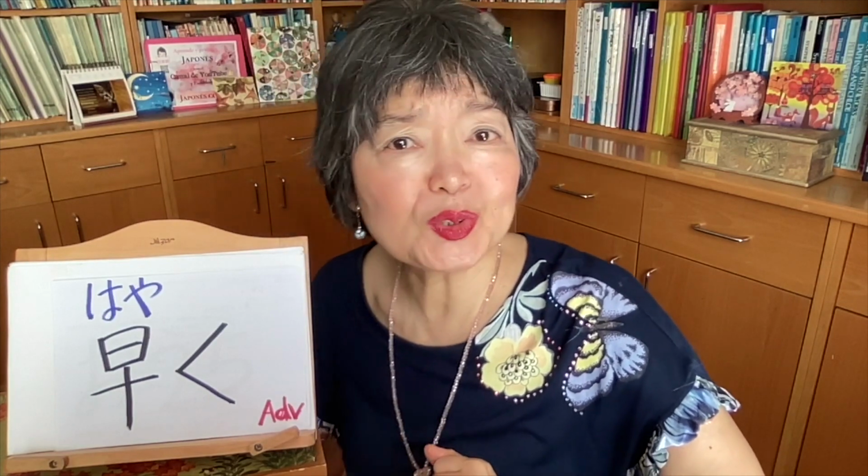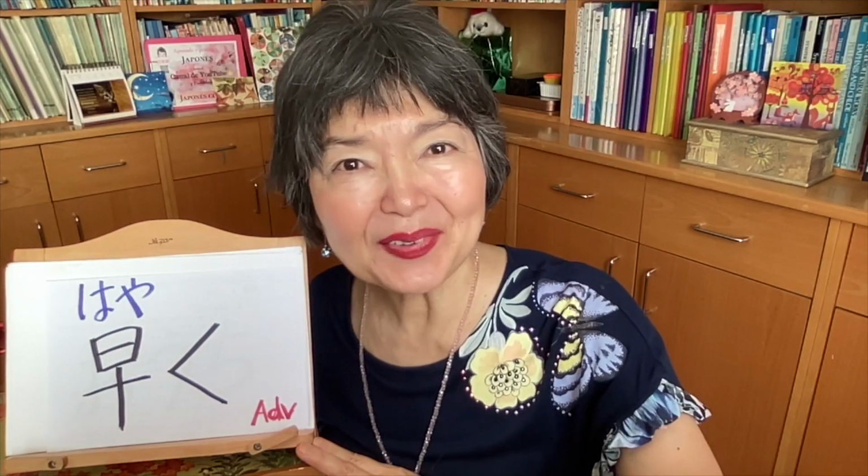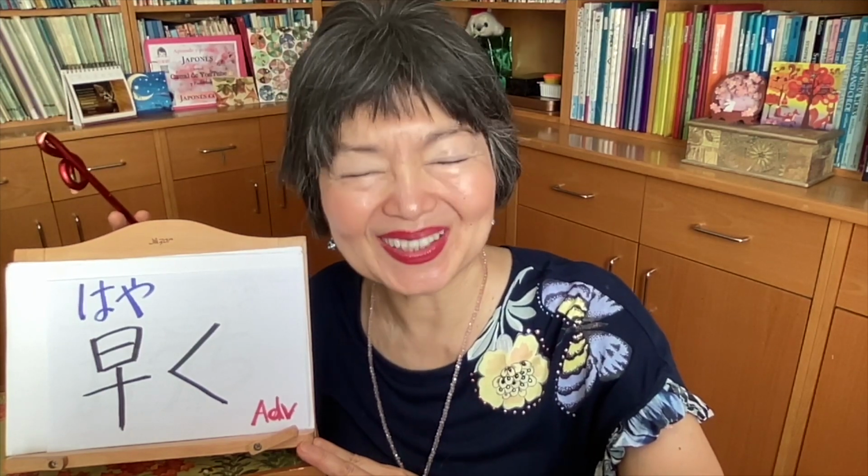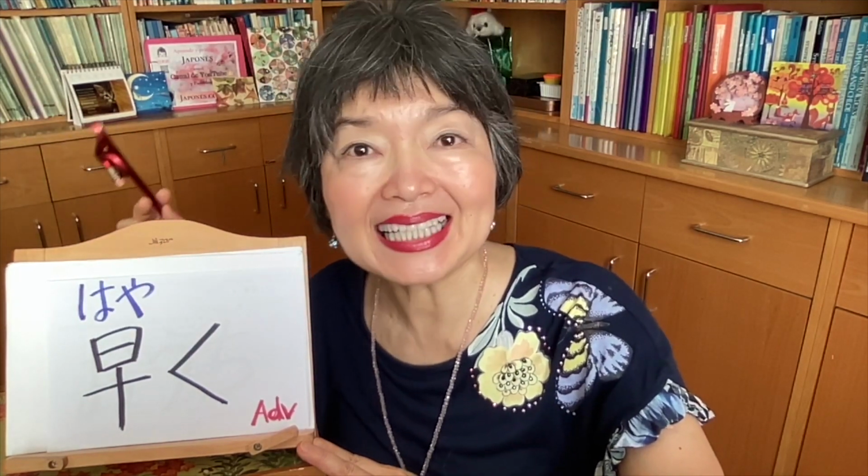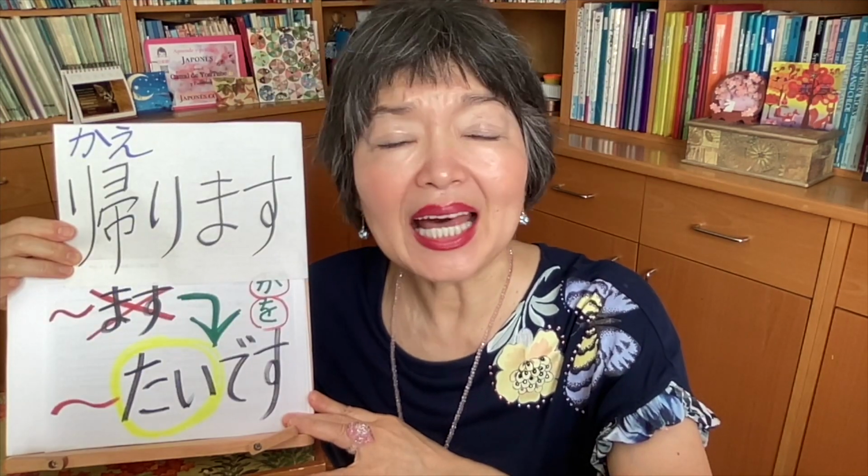I wanna go home soon. The adverb 早く means soon. And this comes from the adjective 早い, which means early. I wanna return, I wanna go back. The verb 帰ります, return home.